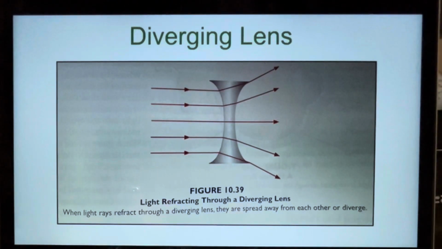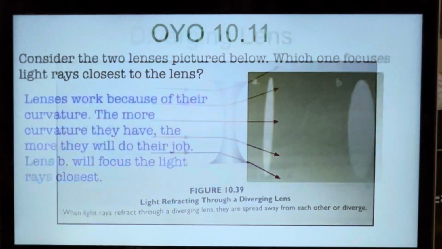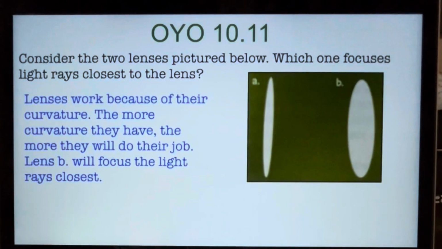In fact, the type of curvature, concave or convex, is not the only thing that affects the way a lens works. The amount of curvature also plays a role. Try to figure out how the amount of curvature plays a role by answering this on your own question. All right, consider these two lenses.